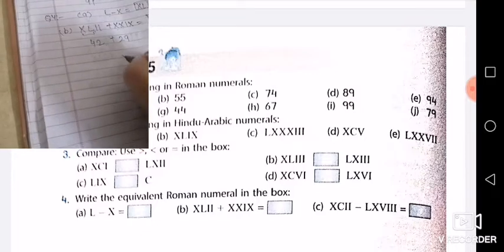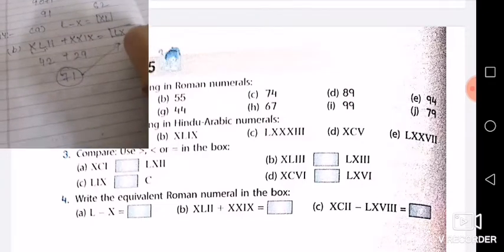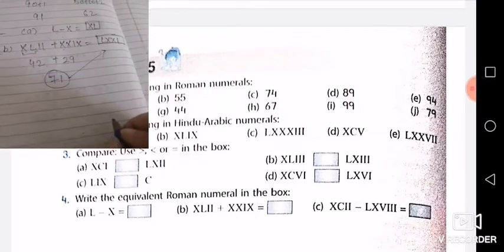What is the total here? 71. For 71, which Roman numeral will you write? That is LXX, 70, and 1 I. So this will be the Roman numeral for this.